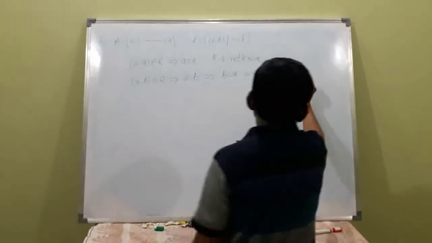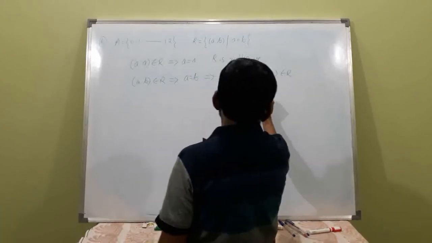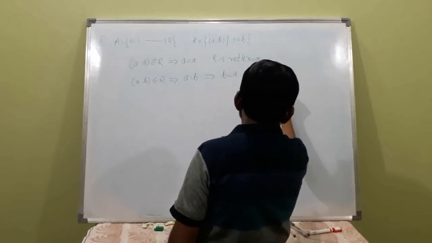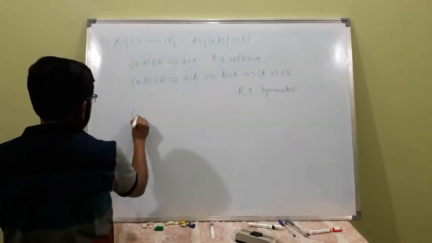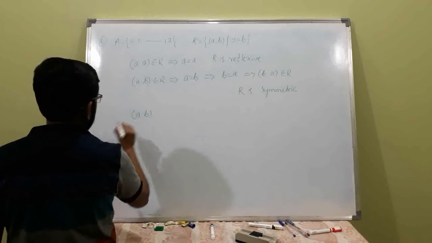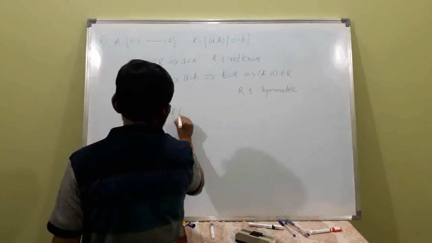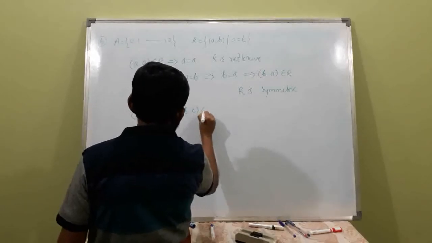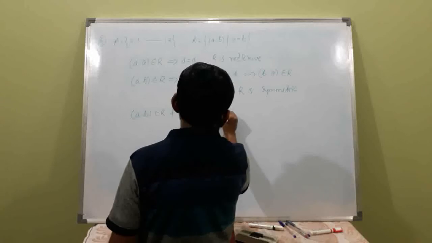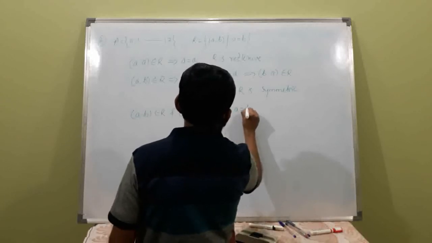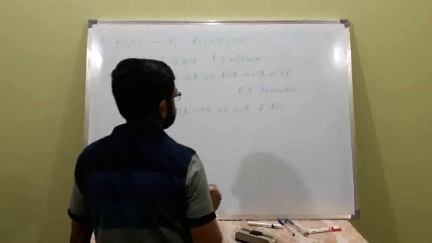This implies (b, a) belongs to R. Therefore, R is symmetric. (a, b) belongs to R and (b, c) belongs to R implies a is equal to b and b is equal to c due to that rule.